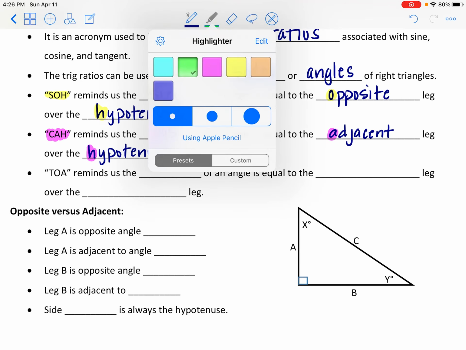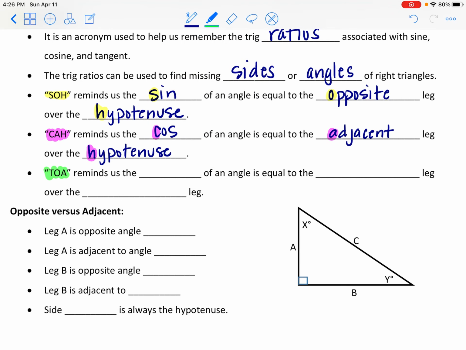And then the TOA part, sounds funny to say it like that, is to help us remember that the tangent of an angle is going to be equal to a ratio, a fraction, of the opposite leg over the adjacent leg. So again, tangent is opposite over adjacent.